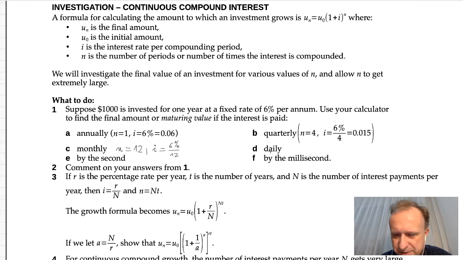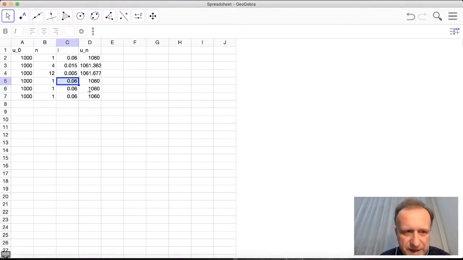Now in scenario D, we have to compound the interest daily. Therefore n has to be the number of days in the year, so it's 365, and I has to be 6% divided by 365. So the interest rate per compounding period is going to be this. Let me move back to the table and input these numbers.